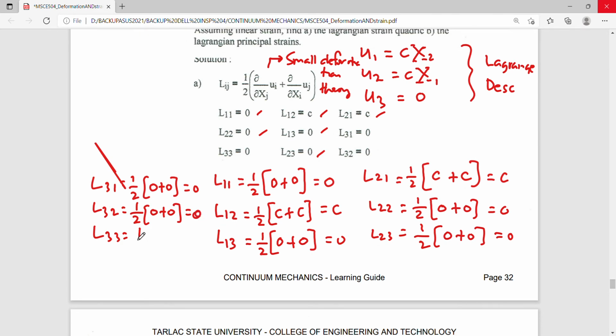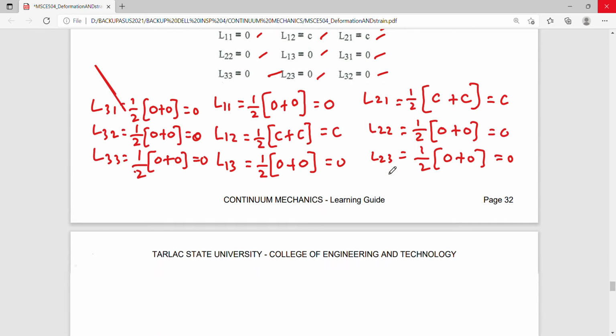And this is 1 half, 0 again, plus 0 equals 0. Okay, so that completes our matrix.